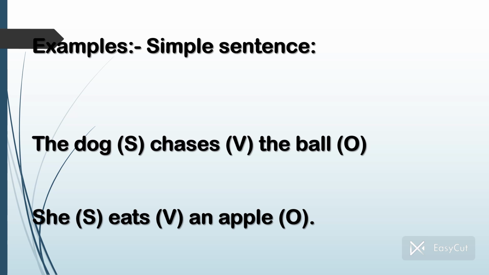She eats. What is eats? Obviously eat is a verb, and here it is showing a state of being, something that is happening. And what does she eat? Where the action is performed, where the action is being done. An apple. It is like कि उसने apple खाया. She, subject, eats, verb, and apple is object.